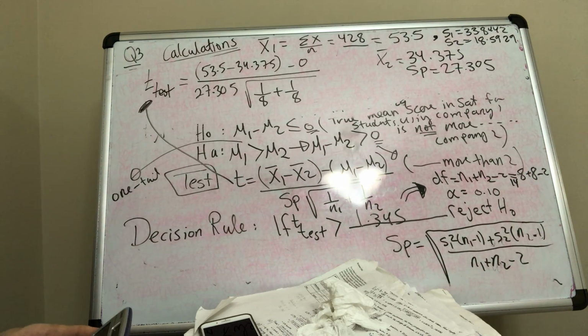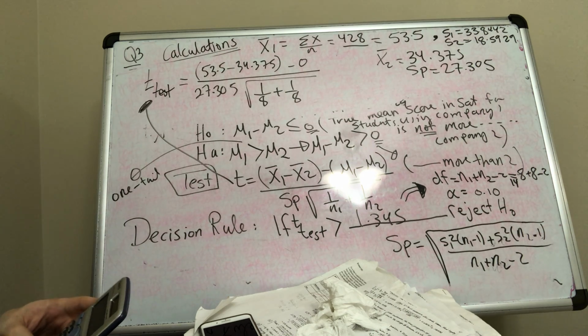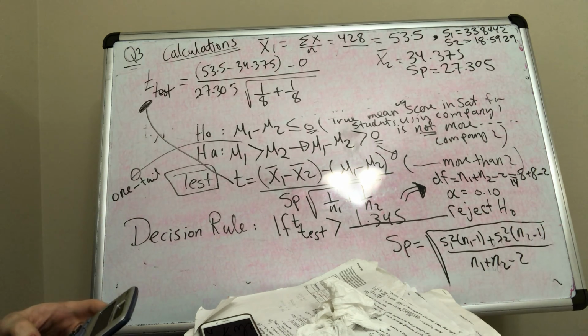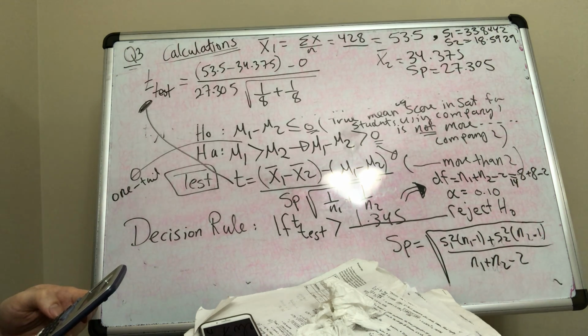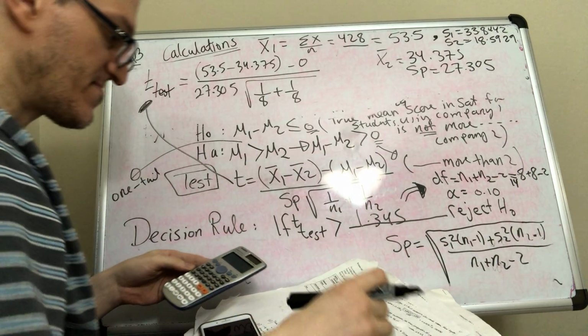So we do the calculations now. 53.5 minus 34,375, and 1 over 8 plus 1 over 8.